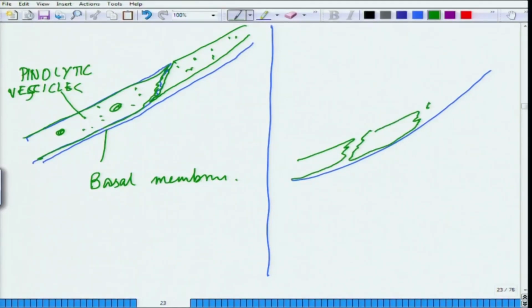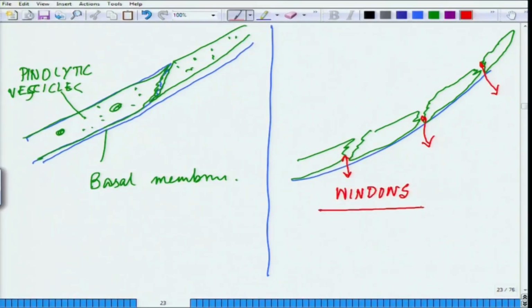Much, much bigger gaps. And these are almost like windows through which the exchange could take place much more easily, especially for the bigger molecules. Windows or fenestration. That's what it means when you talk about fenestrated capillaries. Okay?